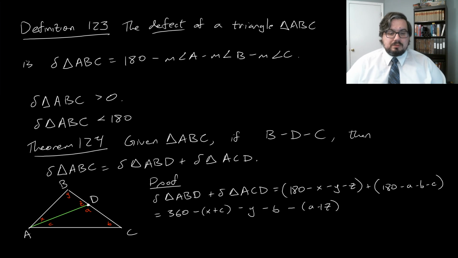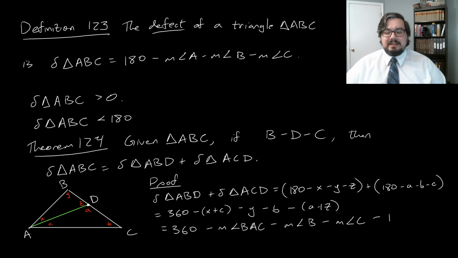Now, we have that x plus c is exactly the measure of angle BAC. y is exactly the measure of angle B. Little b here is exactly the measure of angle C. And a plus z is exactly 180 because they form a linear pair.